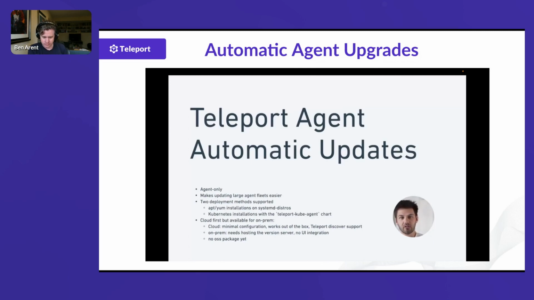And you have Teleport Discover support. This means if you open Teleport Discover and add a new node in the UI, you will end up with the node automatically enrolled into agent automatic updates, which is not the case for on-prem yet. The UI integration will come later. And we are also not providing an OpenSSH package yet. This might happen next.